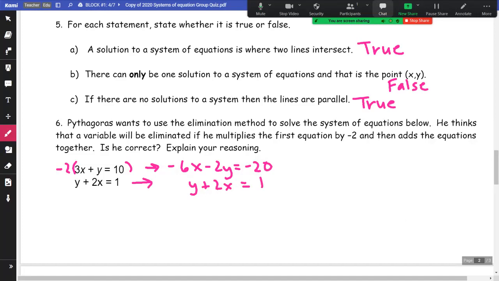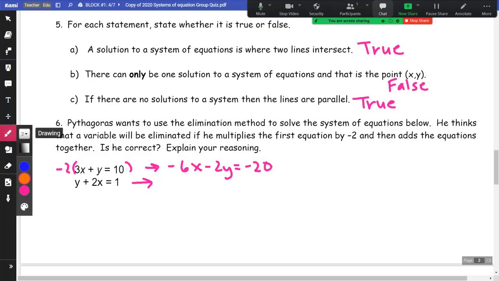you might accidentally take these -2y and 2x and try to eliminate them. They aren't the same variable, so you can't do that. Okay, so it does not eliminate it. So what would really happen is I would rewrite this instead of like that.